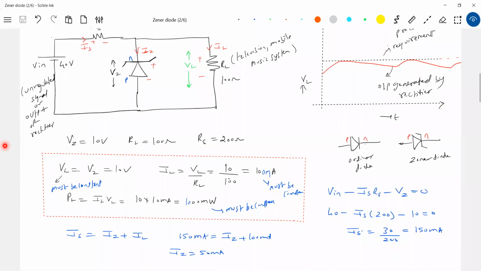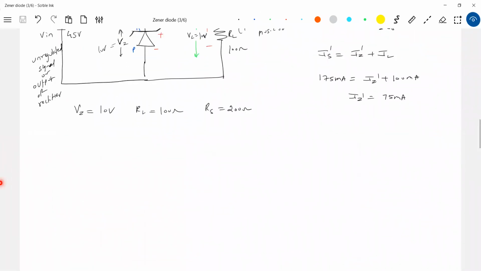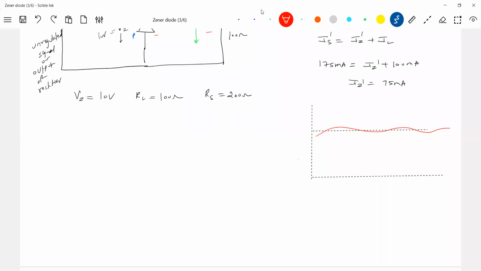Practically what will happen is, here, I think I'll give a still better graph. This is what is needed, and the voltage will fluctuate like this.